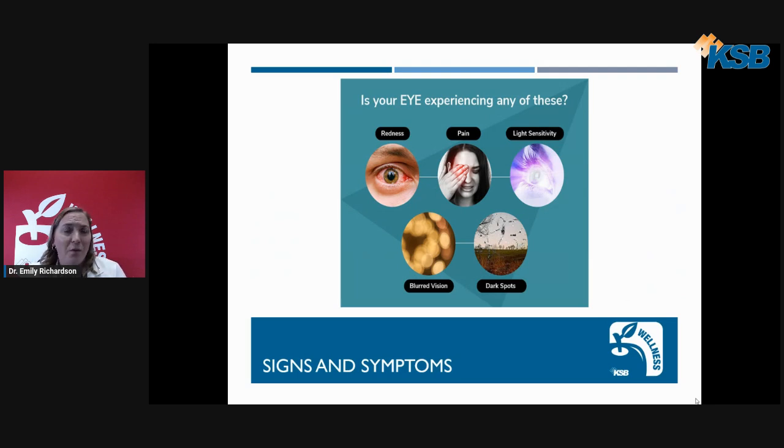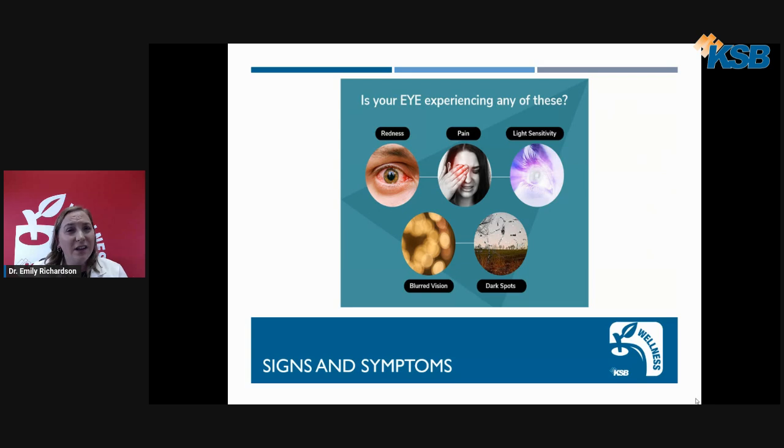So what are we looking for? If in your eyes you're having any of the conditions or symptoms like redness, pain in the eyes, light sensitivity, those are the three main things that we see with inflammation or swelling in the eyes. When we see that in the front of the eye, it might be red on the surface, and that would cause pain.